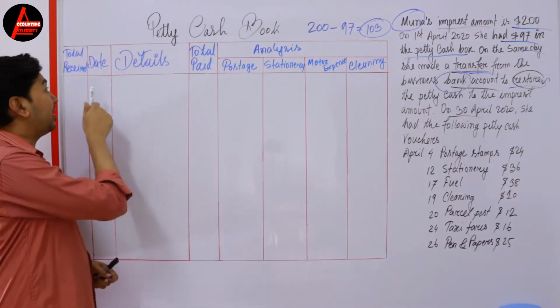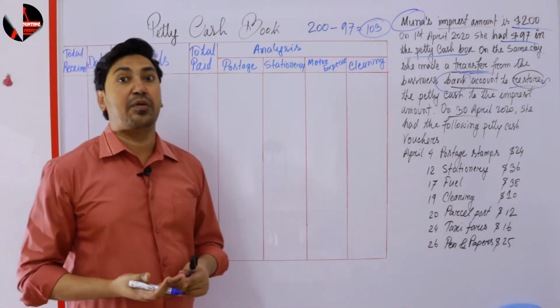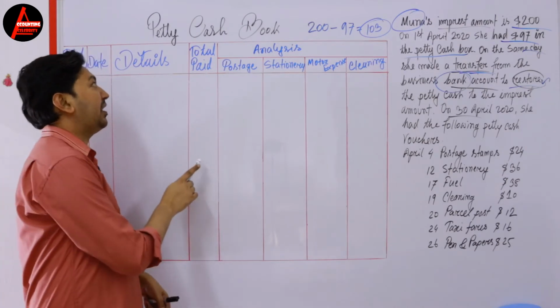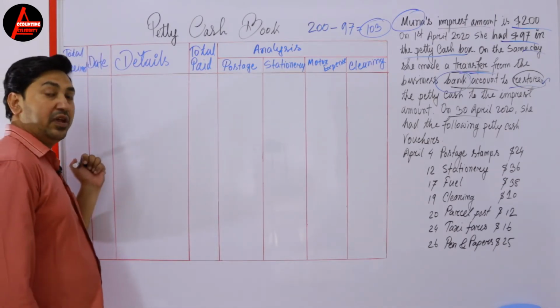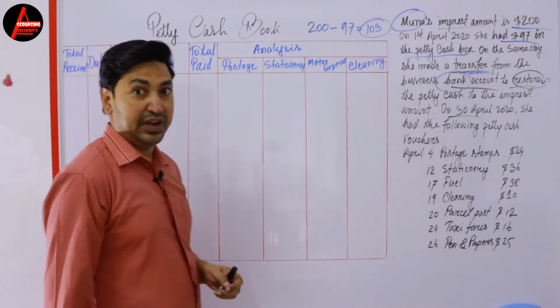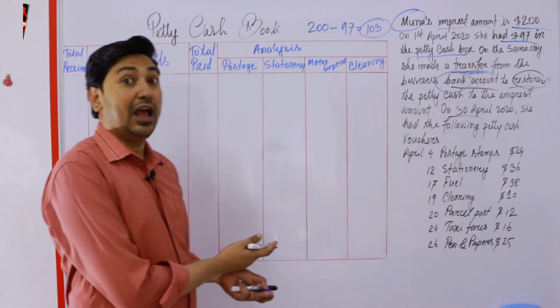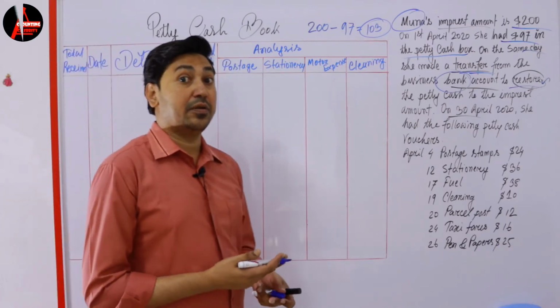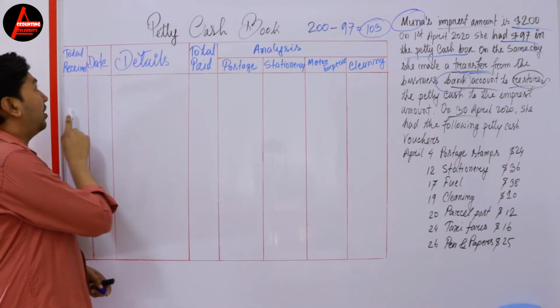Total received, then date, detail, total paid. So all of your payments will come in this column. And if you have received, if you have a balance BD, meaning the previous period's balance, and if you have any transfer, then all this will come in this receipt column.